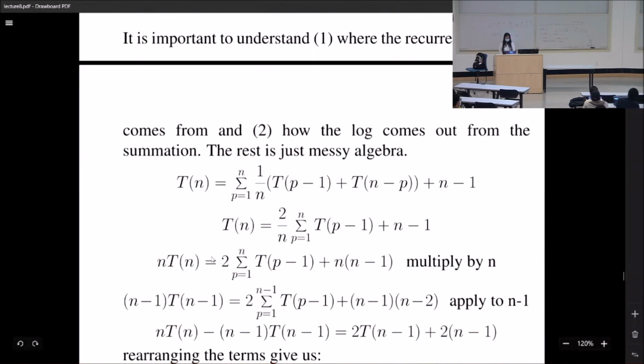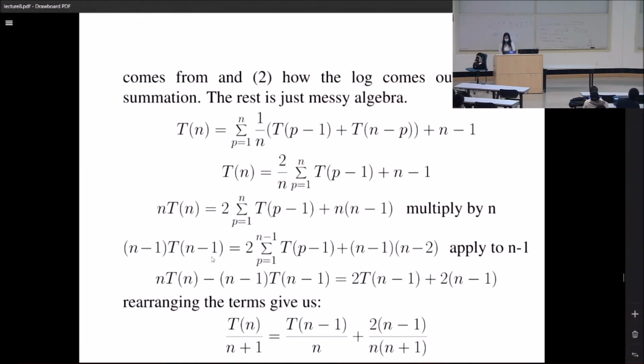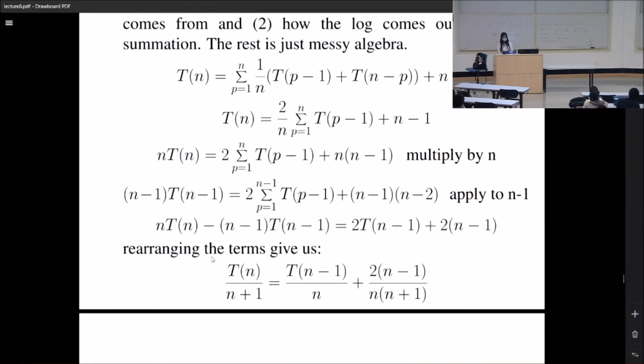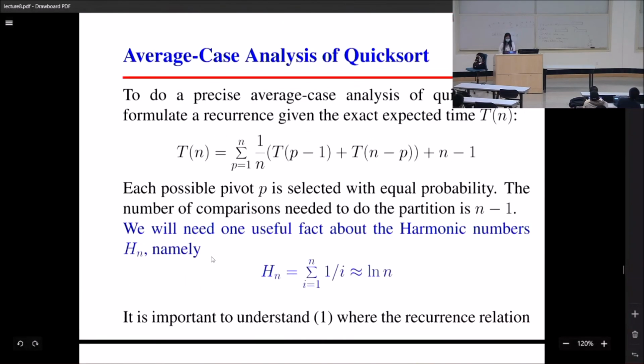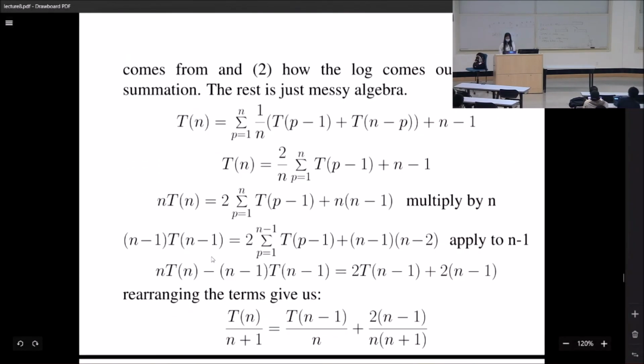So by using that, we will have the formula here. From the equation here, we will have the summation of them, and then we get that.